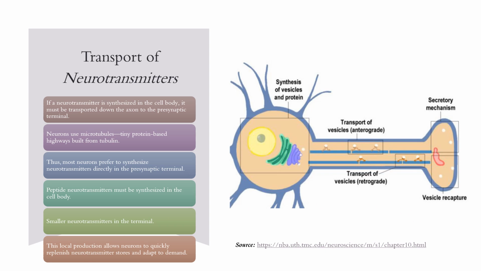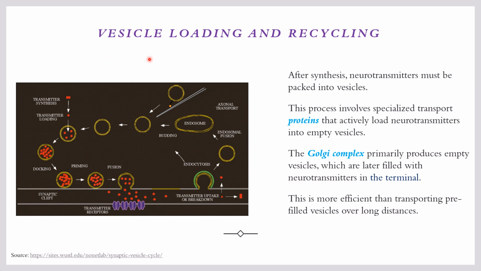Okay, and there is also some information about vesicle loading and recycling. The neurotransmitter will arrive, be synthesized, and be loaded in the vesicles. The vesicles will bind to the presynaptic membrane and release the neurotransmitters in the synaptic cleft, so they become empty.